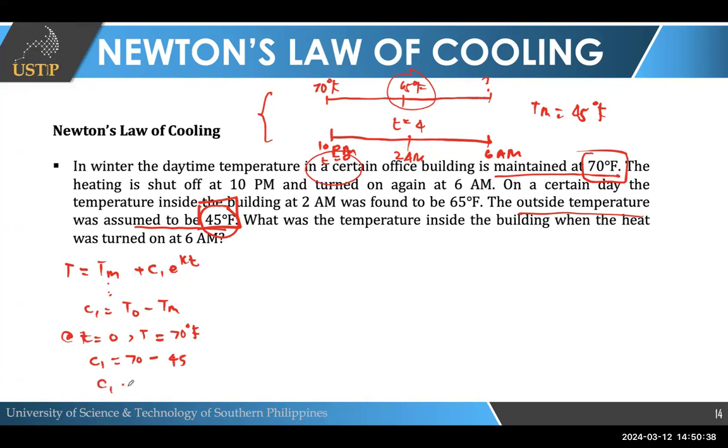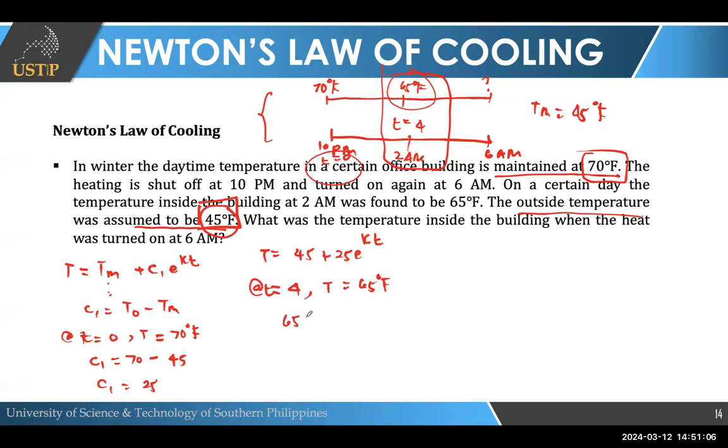Okay, C1 is 25. So T will be, ang TM na to will be 45 plus 25 e to the KT. Okay, we have an unknown here nga K, and we can solve that using our second nga condition, which is that at 2 a.m., which is 4 hours from 10 p.m., ang temperature na will be 65 degrees Fahrenheit.